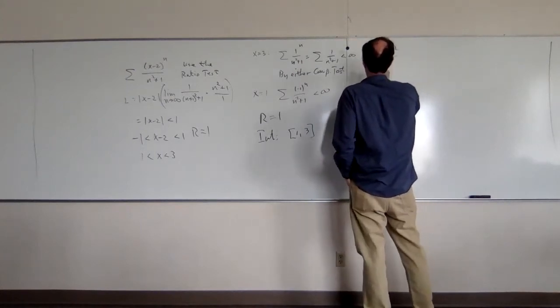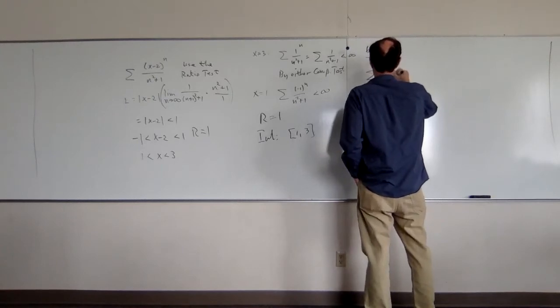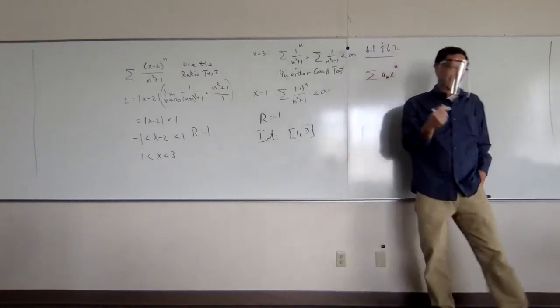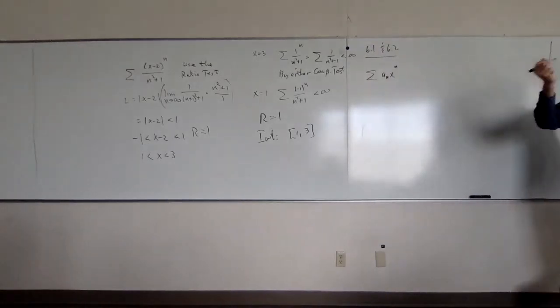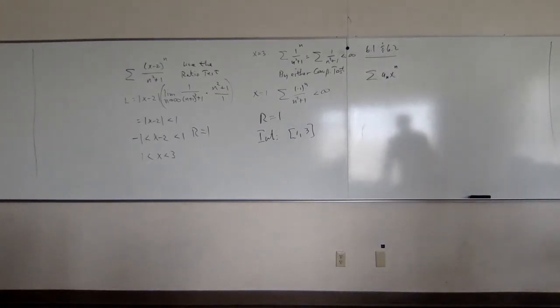All right, so we have a power series, the sum of a_n x to the n. It could be centered at 0 like this one, or centered at some other number like the one they asked about. We know how to deal with that. So it doesn't create any confusion for us whatsoever. This power series converges.